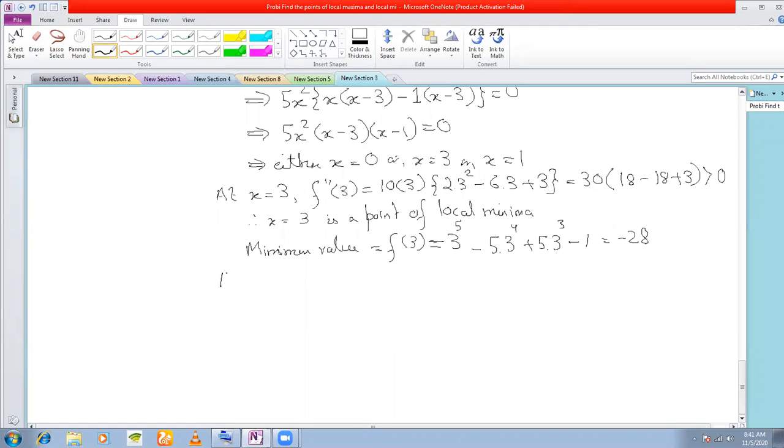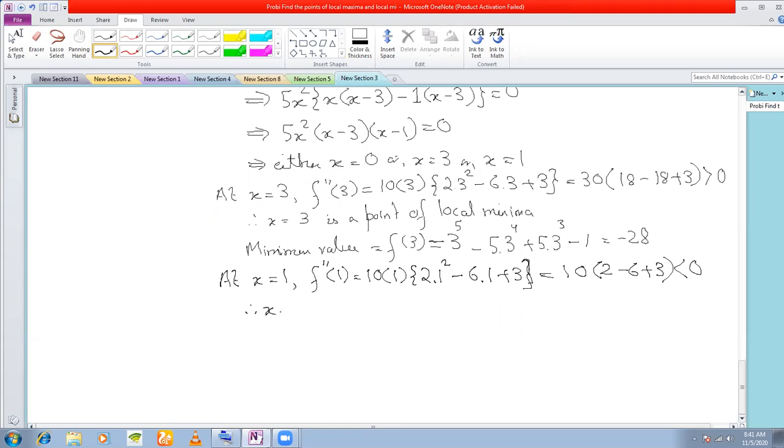Now we check for the second point at x is equal to 1. F double dash 1 is equal to 10 into 1, 2 into 1 square minus 6 into 1 plus 3. Okay, so we get 10 into 2 minus 6 plus 3. Positive or negative? Negative. Therefore, x is equal to 1 is a point of local maxima.